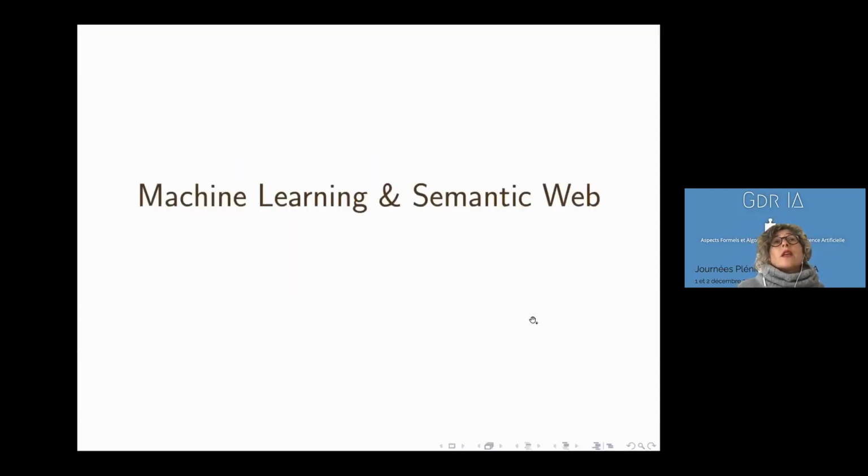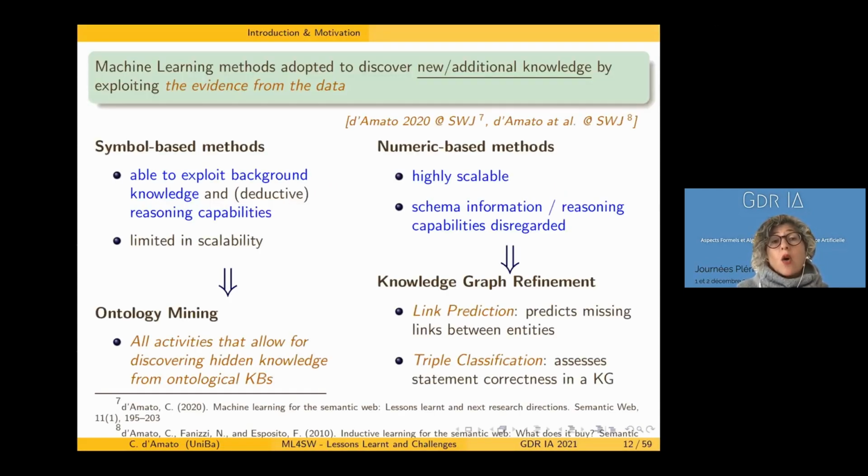In order to face some of these problems, machine learning methods have been quite largely adopted with the idea of discovering new and additional knowledge by exploiting the evidence coming from the data. And in this regard, both symbol-based methods and numeric-based methods have been developed. At the beginning, symbol-based learning methods have been mostly used for targeting ontology mining related tasks.